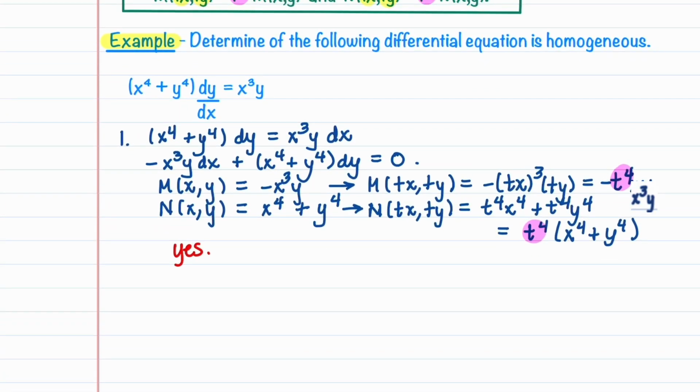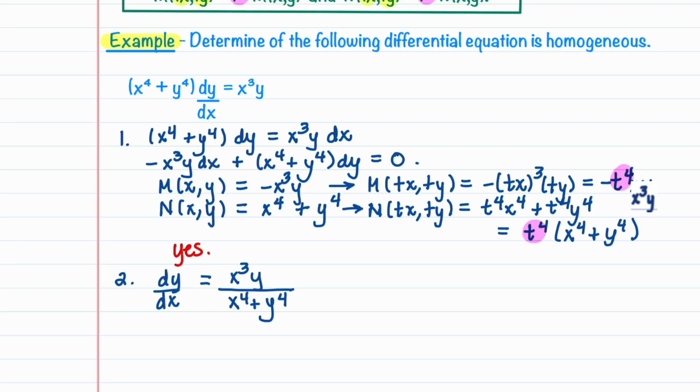For the second way, let's solve for dy/dx and see if it's a function of y over x. We'll keep dy/dx on the left, and then on the right, we have x^3 y, all divided by x^4 plus y^4. To see if this is a function of y over x, let's divide both the numerator and the denominator by the highest power of x.